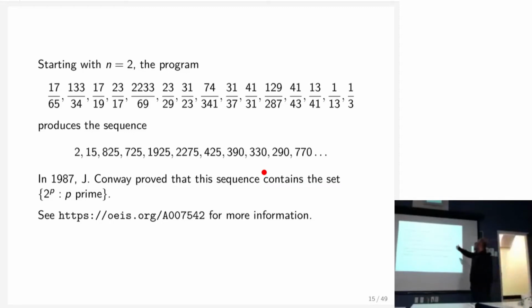What's funny about this, and this was proved by Conway, is that this sequence contains this set: 2 to the p, where p is a prime number, for all primes. This is super nice. I found this quite interesting. How are these rational numbers chosen? I don't know. You have to be Conway.